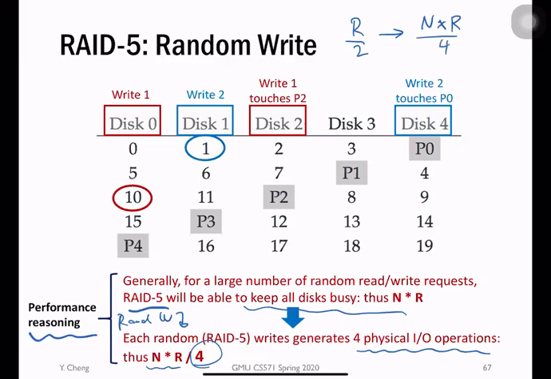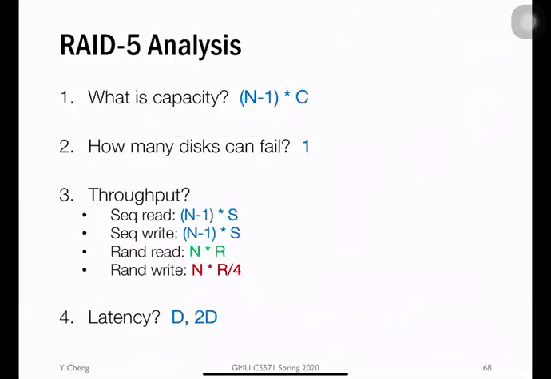So if you're talking about a disk configuration of 5, this is 5r divided by 4. 5 divided by 4 is obviously larger than one half, okay? So that means it's a slight improvement in terms of random write performance, okay? If the total number of disks is 5. Okay, so that's why we come up with this theoretical value, the modeling. This is the whole modeling process, okay?